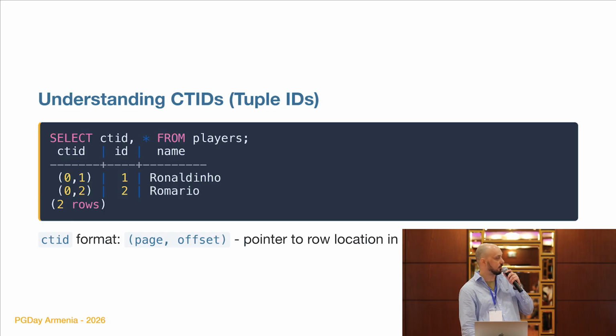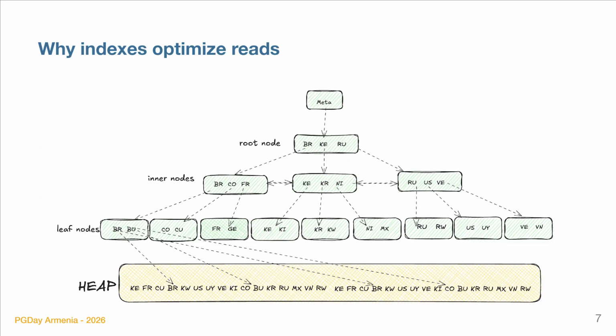And the indexes will map the indexed values to the CTID. So we can take shortcuts. Instead of looking at the whole table, we can go to the index, find where the CTID is, and then go there.